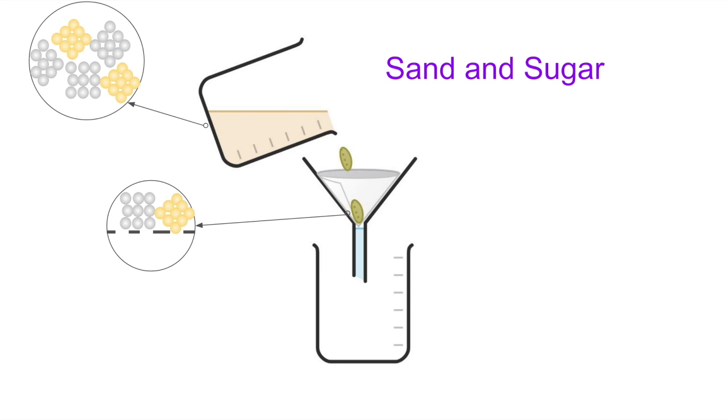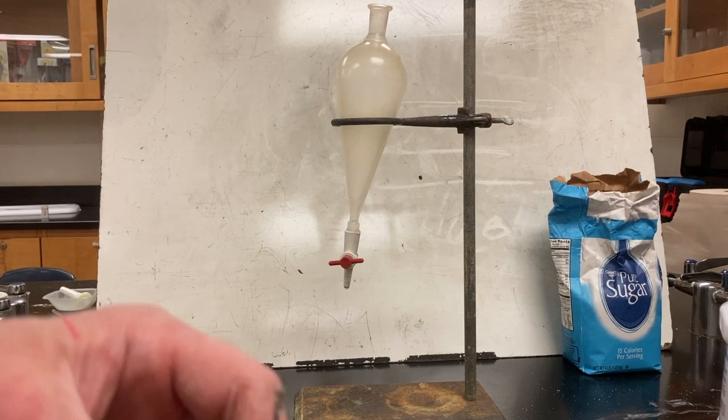So if we added water to our sand and sugar mixture and swirled it around and gave it enough time, the sugar crystals would break up, and then the individual sugar particles with the individual water particles would flow through the funnel, and the sand would be left behind. Now, that still leaves the problem of how do you separate the sugar back out from the water, and you may have a strategy for that as well. We'll talk about that later.